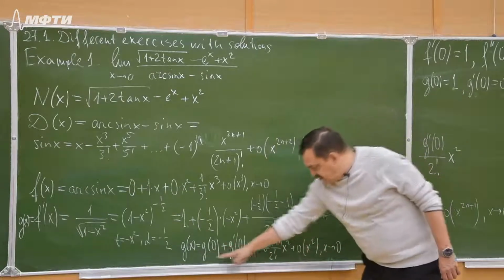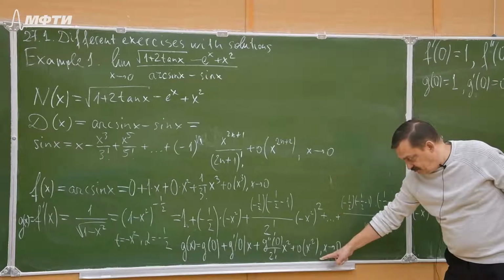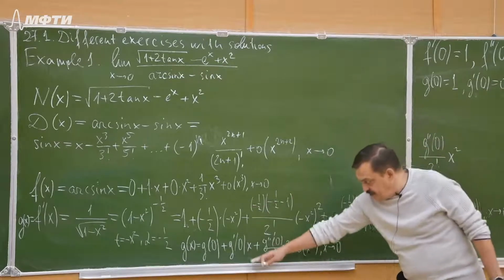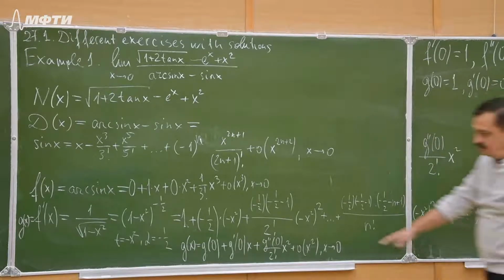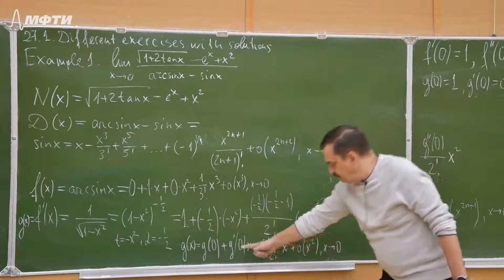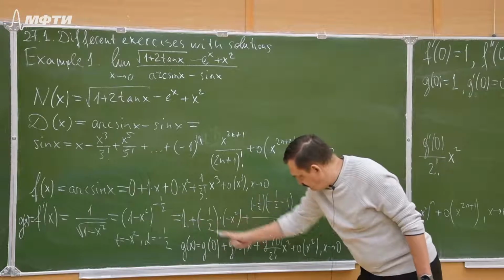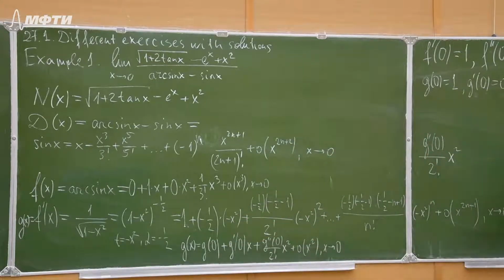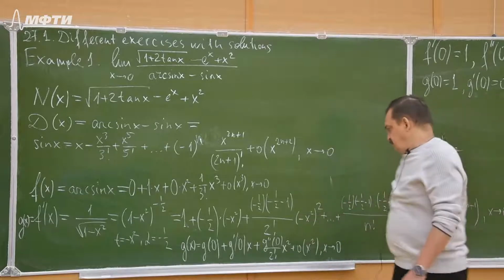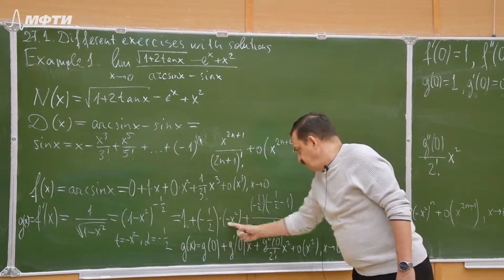Look, this is the general Maclaurin expansion. Compare those two lines, and what do you see? g of 0 is 1, g prime at 0 is 0 because there is no x here, and the g second derivative is 1 because we have 1/2.